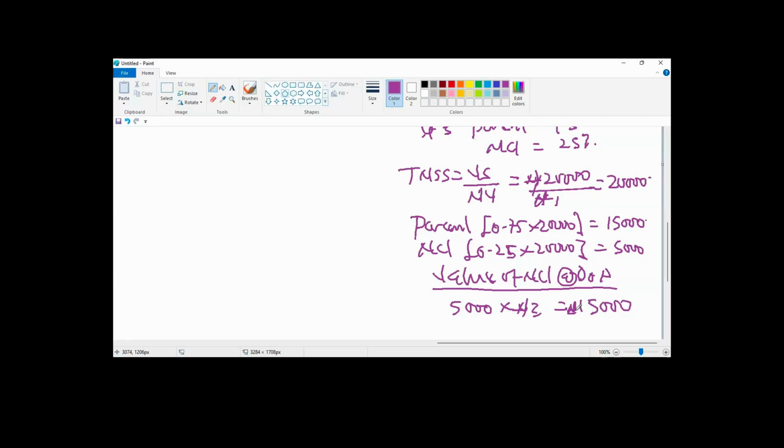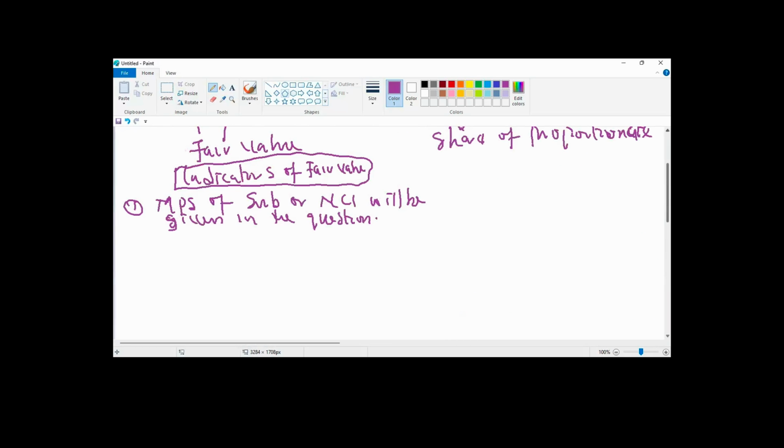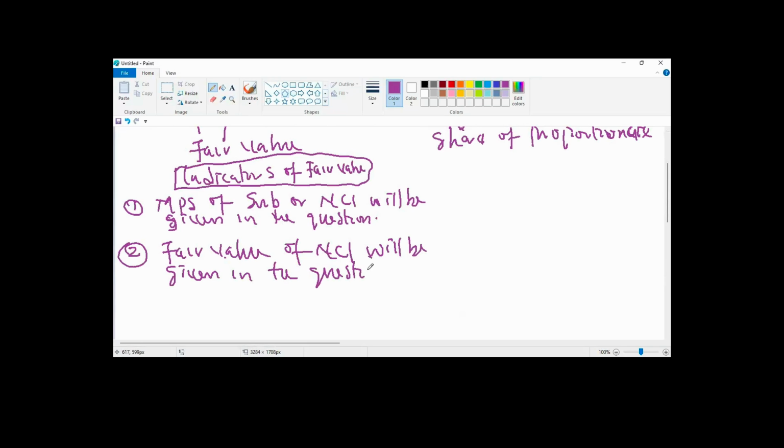Second one, how do I know it is fair value? The question will give me the fair value of NCI. This is it.